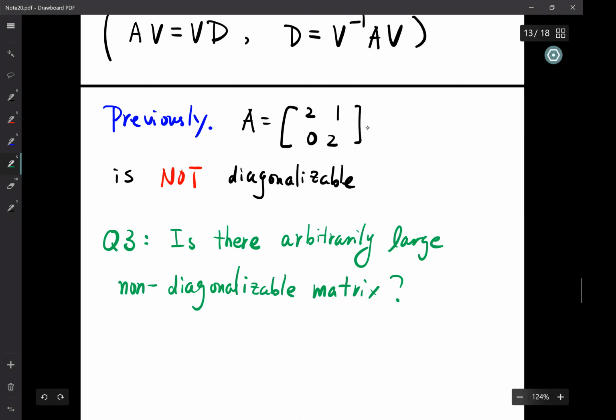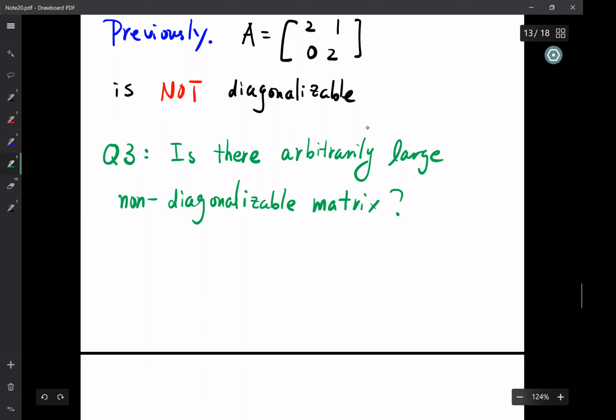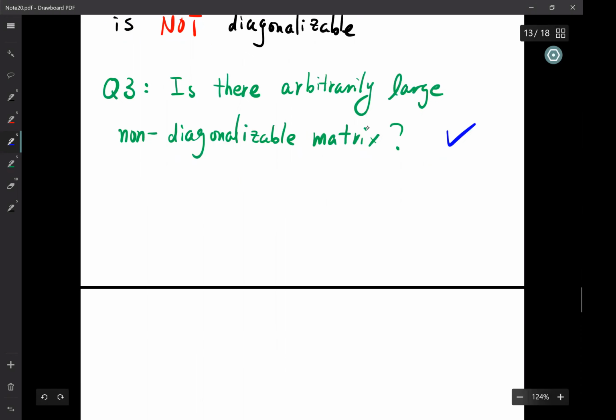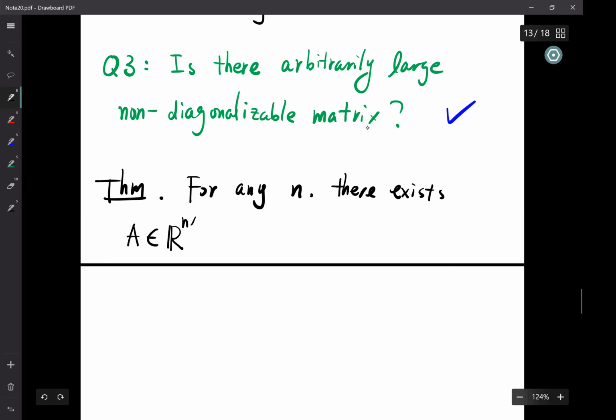For any given n, is there a matrix of size n by n that is not diagonalizable? This seemingly super pessimistic question, the answer is yes. Theorem: for any n, there exists a matrix A of size n by n that is not diagonalizable.